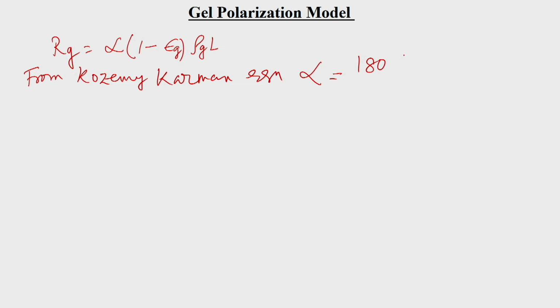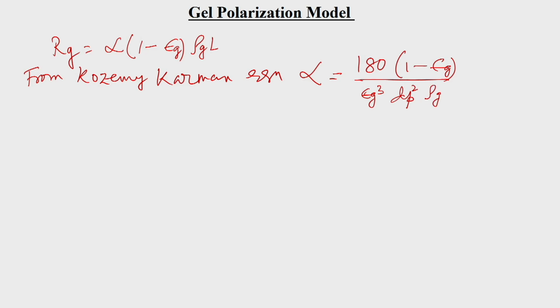So, from the Kozeny-Carman equation we will be able to get alpha. So, we will be getting alpha is equal to 180 into 1 minus epsilon g divided by epsilon g cube into dp square into rho g.